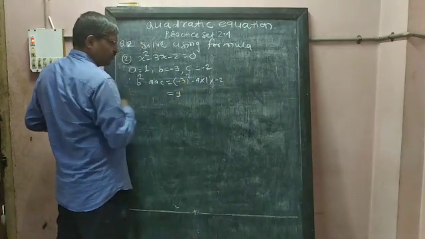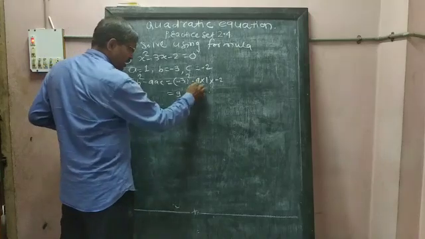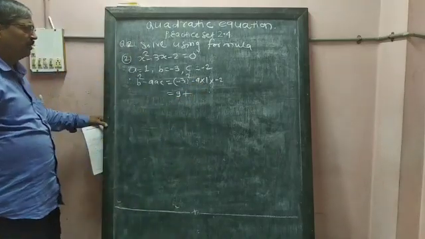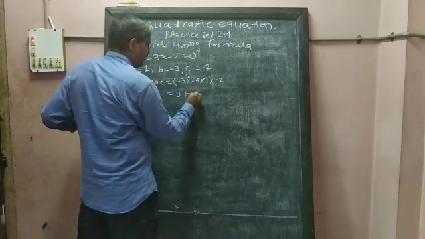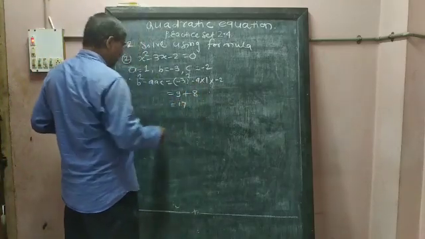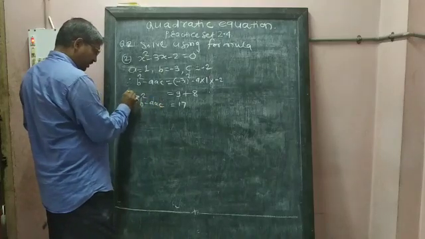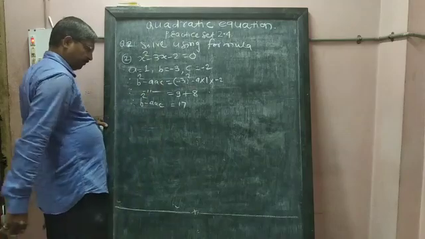Minus 3 square means positive 9. Here at 2 places there is negative, means negative becomes positive. 4 2s are 8, so 17. b square minus 4ac is equal to 17.